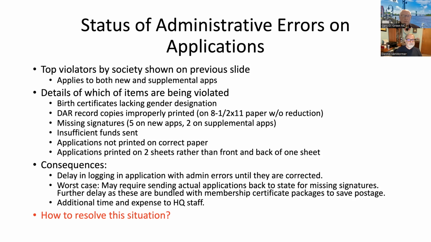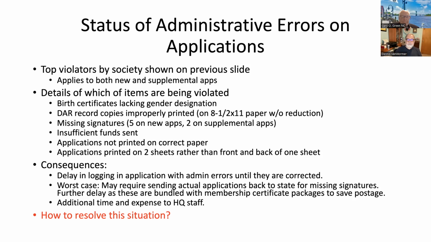Birth certificates lacking gender, the DAR record copies improperly printed, missing signatures, insufficient funds, and problems with the paper being either not correct or not printed properly. Now, the issue here is, first of all, as it says, you have a delay in logging in the application if it has administrative errors.